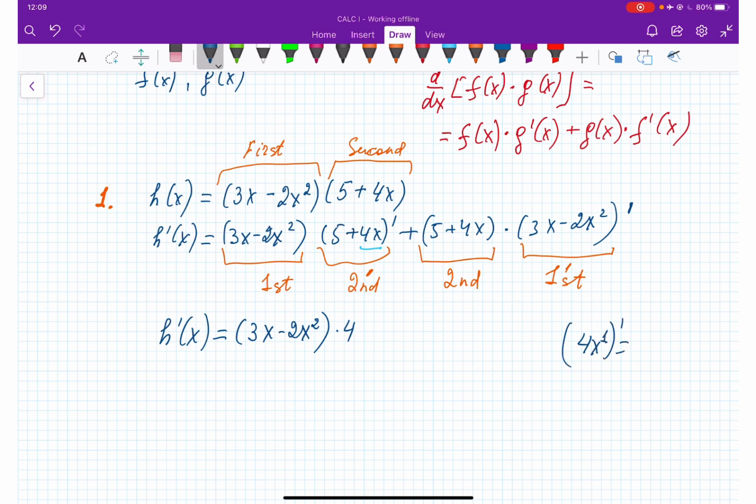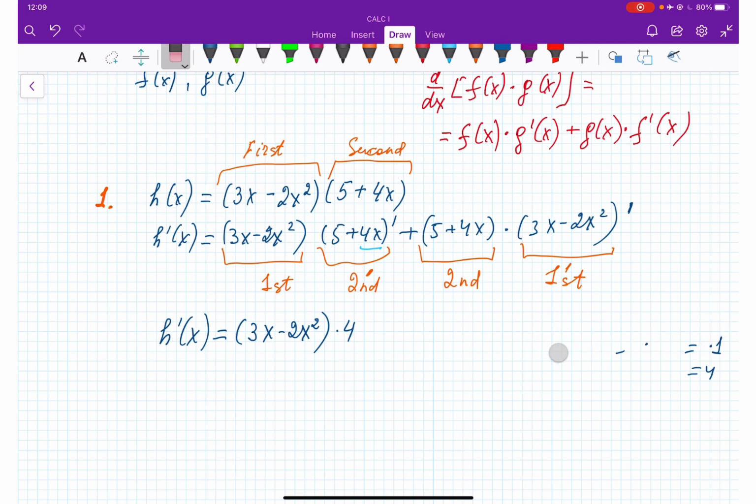So the derivative will be 4 times. This 1 will come in front, and here will be left 0 because we do minus 1, right? So what do we get? We are getting 4 times 1, because x to the power 0 is 1, which is equal to 4, right?